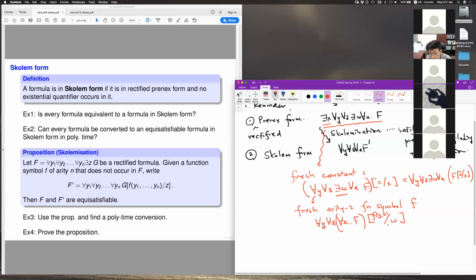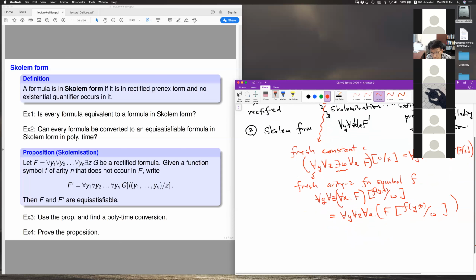Because it's rectified and f is fresh, by the definition of substitutions we have a formula like this, where w is replaced by f applied to y and z.